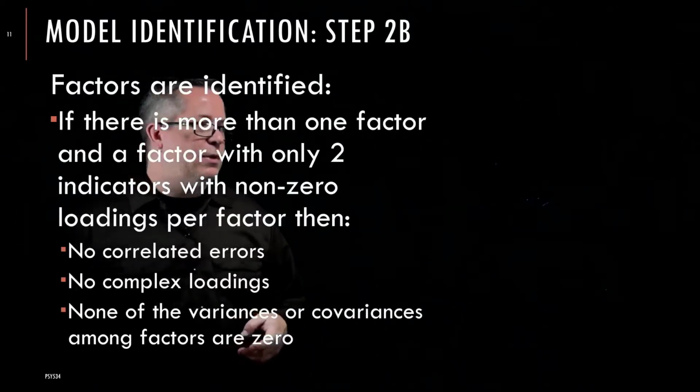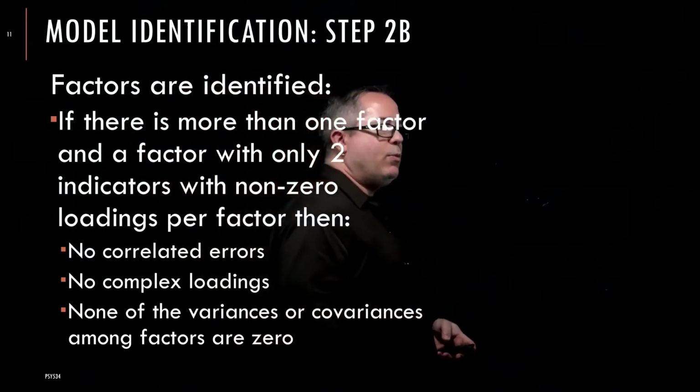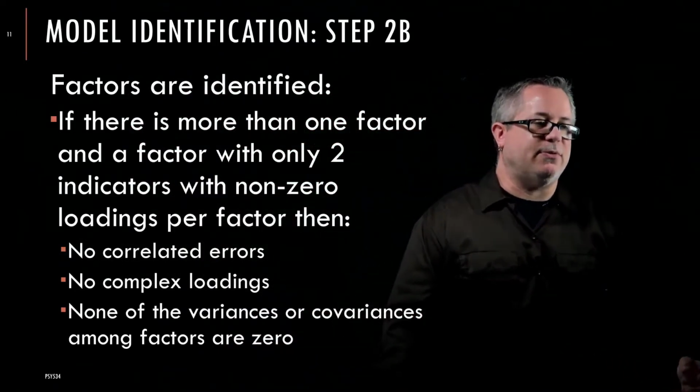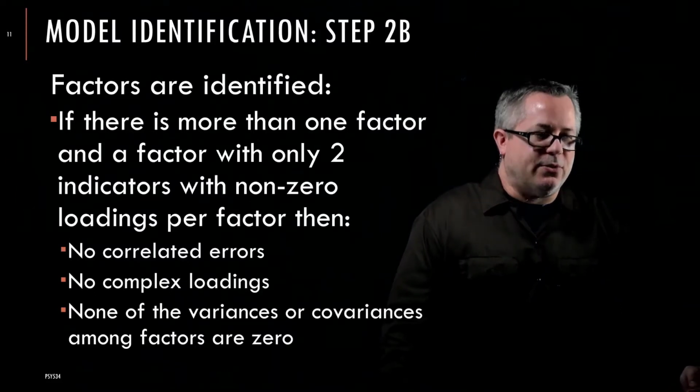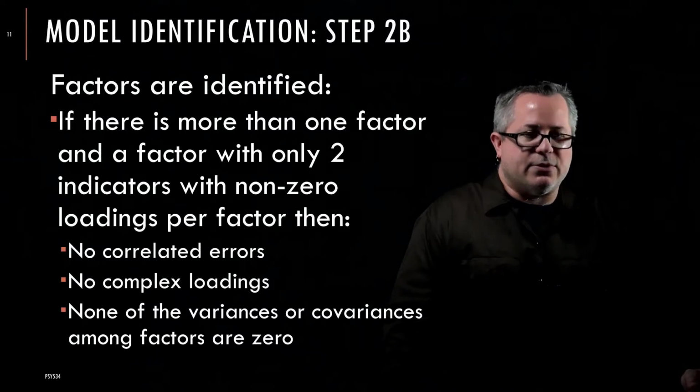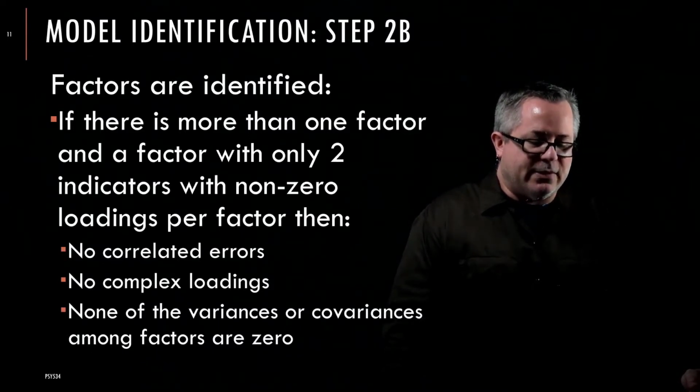There's actually more. If there is more than one factor and a factor has only 2 indicators with non-zero loadings, then you want to make sure there are no correlated errors, no complex loadings, and none of the variances or covariances among factors are 0, meaning it has to actually be correlated with some other factor in order to stand up.